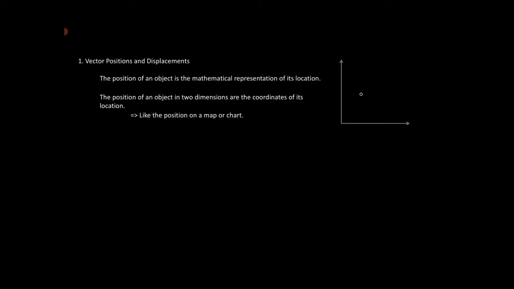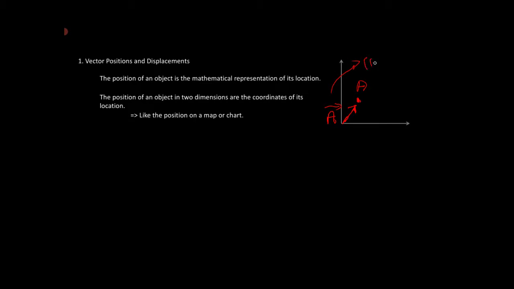So if we had a position here, we could have a vector A here. That is the position vector for this spot A. And that position vector would have some expression.